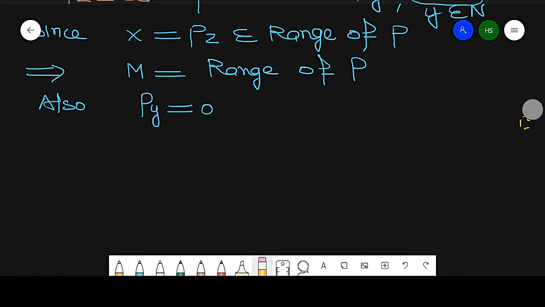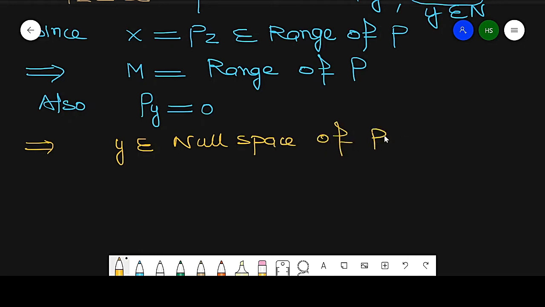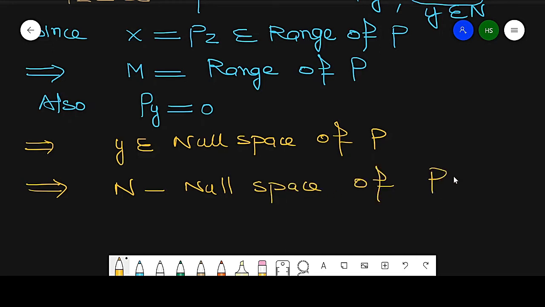Since P of Y is equal to 0, it belongs to the null space. It implies Y belongs to the null space of P, so N is the null space of P. So one thing is clear: M is the range and N is the null space.